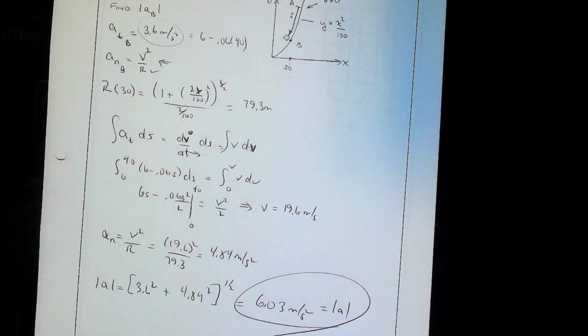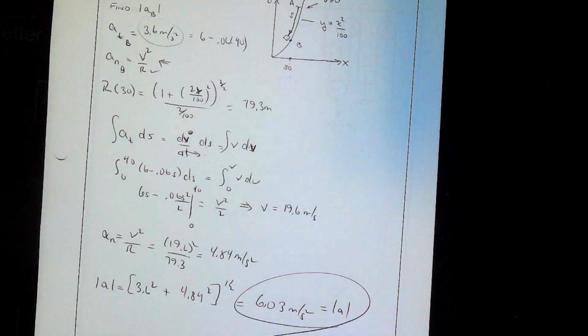When you integrate this, it gives us 6s minus 0.06 s squared over 2 equals v squared over 2, because the 0 is boring. You evaluate this at 0 and 40, and again the 0 is boring. Solve for this, and you wind up with v equals 19.6 meters per second.